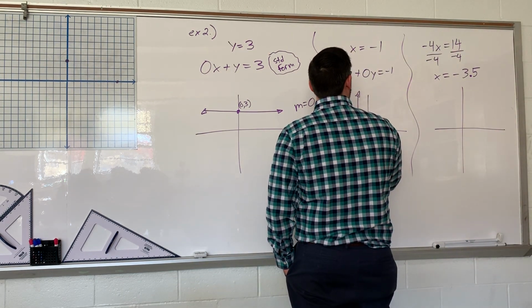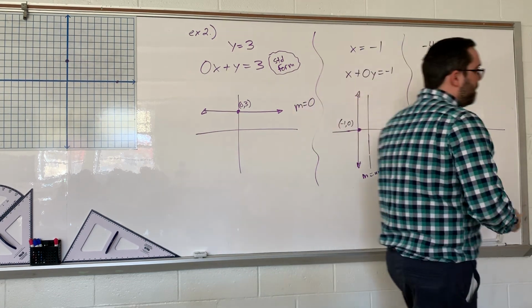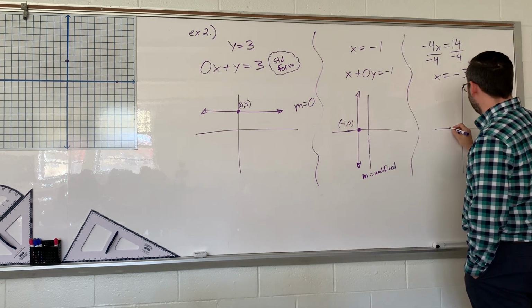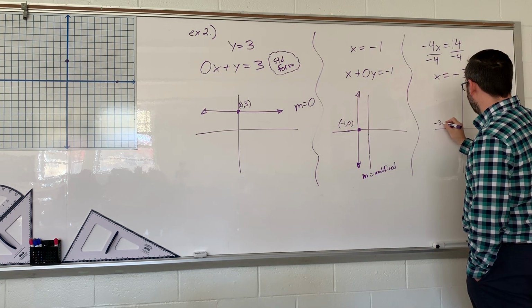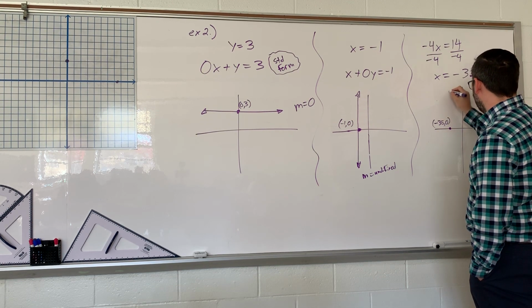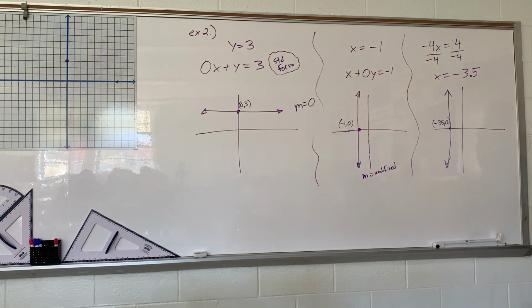So this is -3.5, 0. So where do I graph -3.5? Which axis? The x-axis, so -3.5, and then 0. Like that.